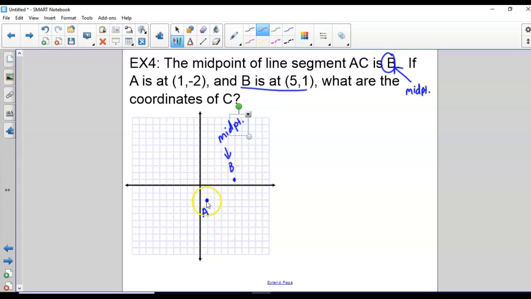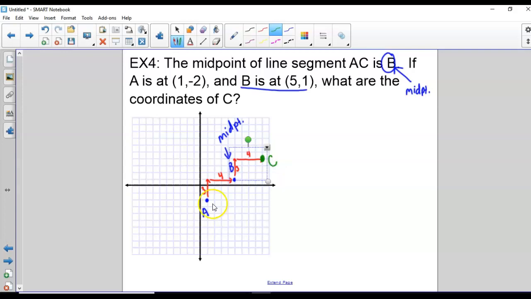To get from A to B, I'd have to go up 3, to the right 4. Does that look right on your graph? Did I graph this one up correctly? Okay, so just go up 3, to the right 4 again. And there you will have your point C.